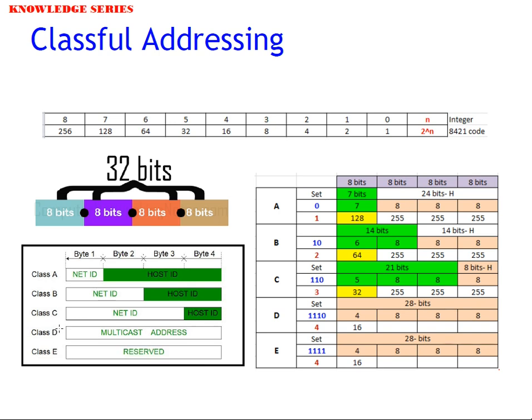Whereas for class D and E, this division is not defined. That's why we consider the total as a multicast address, and it is reserved.